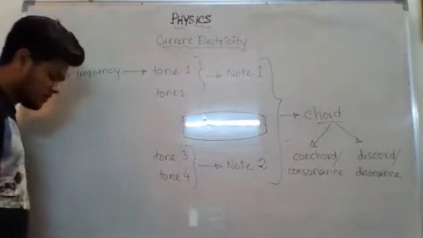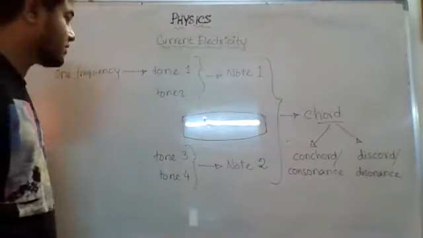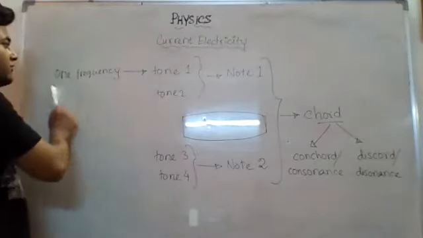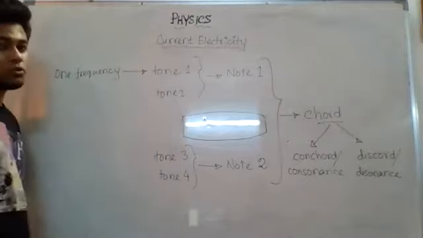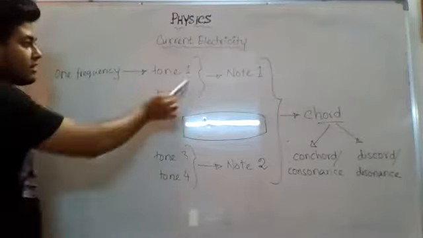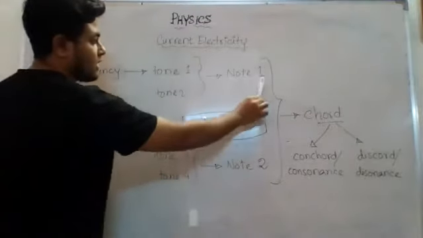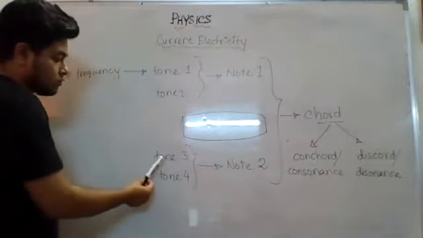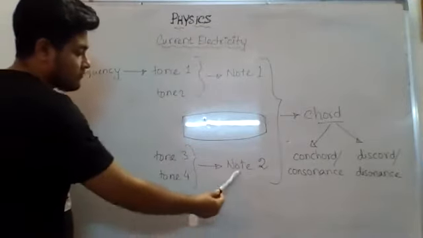Now, if you remember, in the last class we studied tone and note, right? If there is only one frequency, then it is called a tone. Let us say we have tone 1 and tone 2, and together they produce a note, note 1. Another two tones, tone 3 and tone 4, together form note 2.